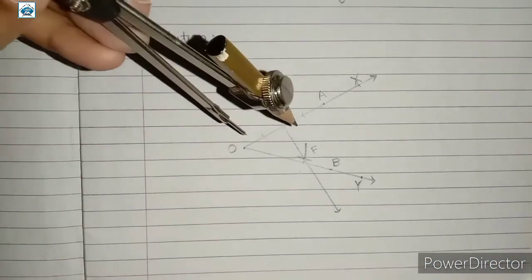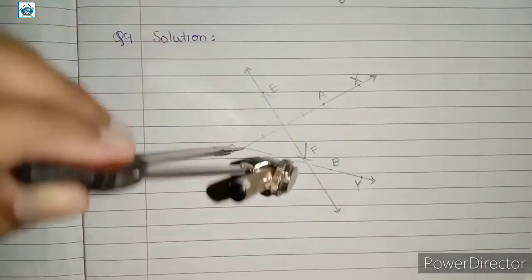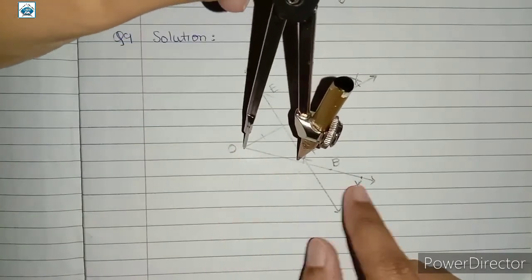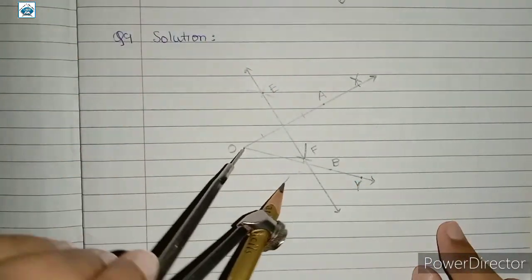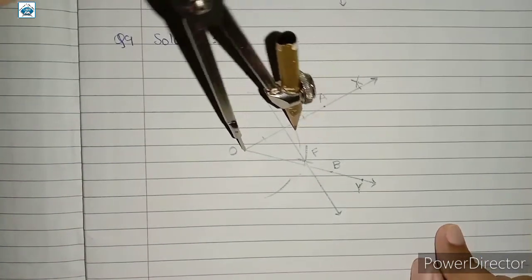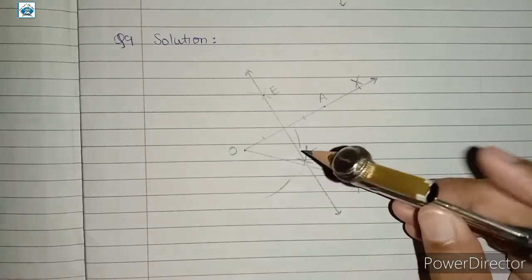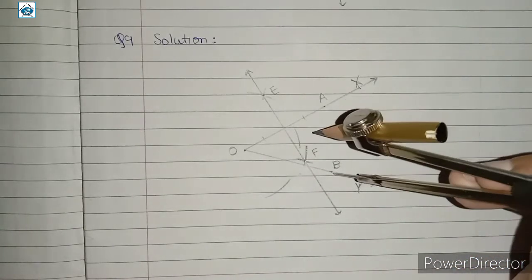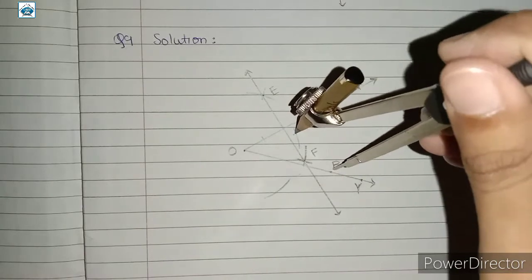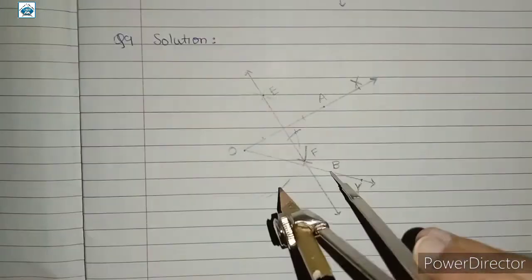Next, let us construct the perpendicular bisector of OB. Taking O as the center and a radius more than half the length, let us draw two arcs on either side of OB. Next, you need to keep the pointer at O, same procedure, and draw two arcs to intersect the previously drawn arcs like this.